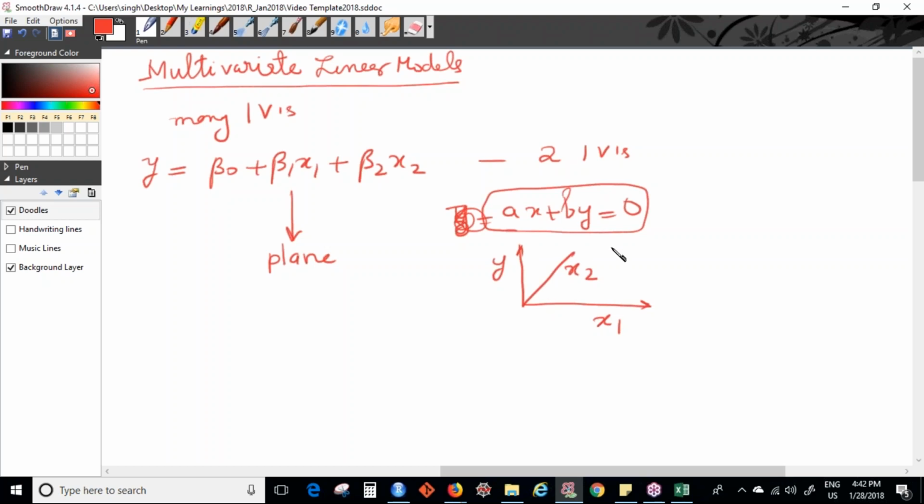You can no longer draw a line, because a line is a one dimensional figure. So now you will have to draw a plane. This is the equation of a plane. So instead of a line, now you will draw a plane to predict your dependent variable.